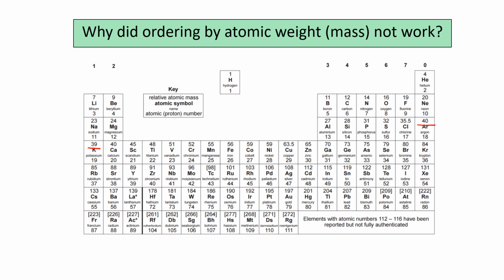They are all gases and very unreactive. However, potassium is a very reactive metal and does not fit with the chemical properties of that group. Similarly, argon is a very unreactive gas, and if swapped places with potassium, would end up in the same group as lithium, sodium, rubidium, and cesium, and it would not fit the chemical properties of that group.